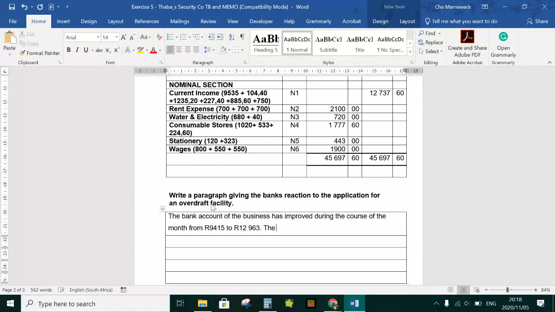So the business has a healthy or improved cash flow.